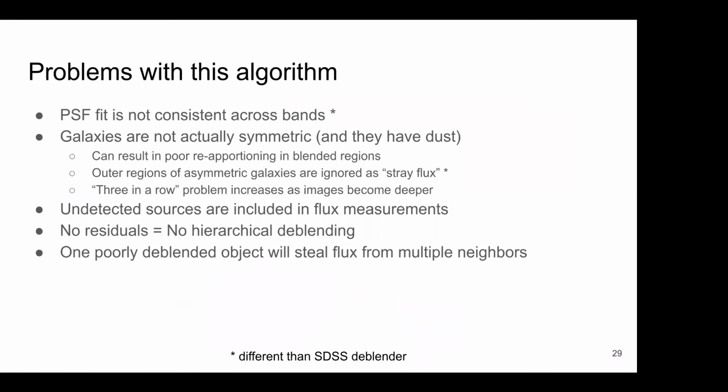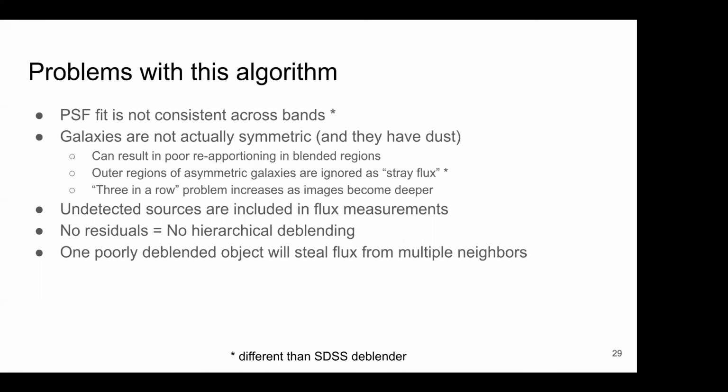But there are still some problems with this algorithm, right? One of them, as I mentioned already, is that the PSF fit's not consistent across bands. Now that's something that was done in Sloan and something that could be implemented. It just hasn't yet. Also, galaxies are not actually symmetric, right? They're close, but they're not perfectly symmetric and they have dust. So this can result in poor reapportioning of flux in blended regions.